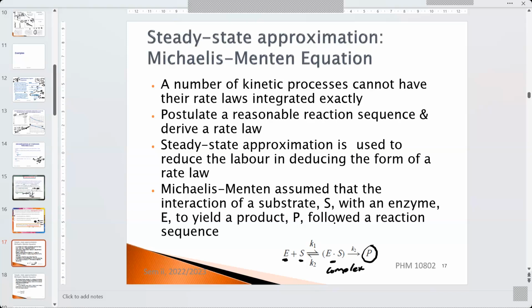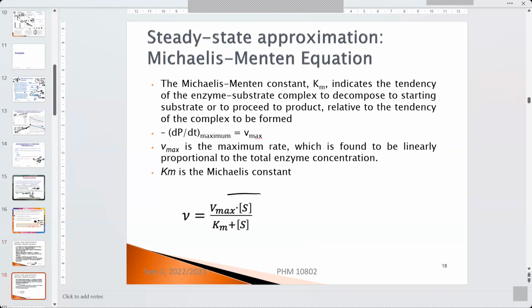So in this one, we usually use steady state calculations. We have an equation that we use to calculate the reaction rate. The reaction rate or reaction velocity, V, is equal to the maximum velocity times the concentration of the drug or substrate, divided by Km plus substrate.